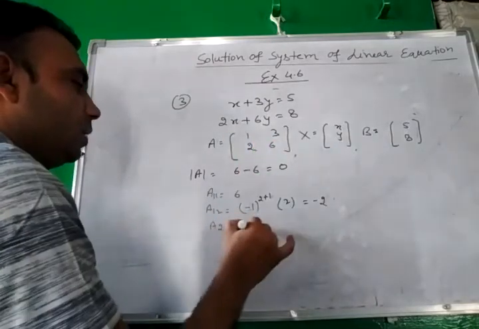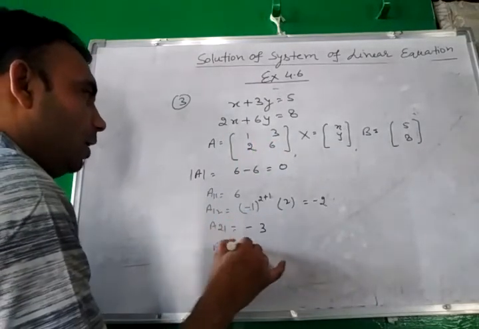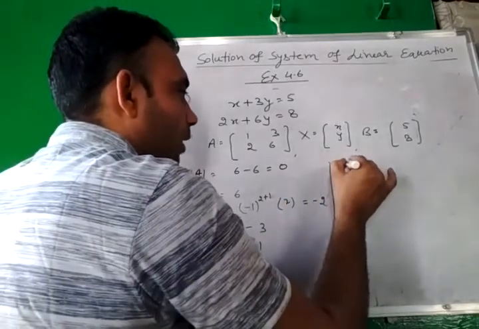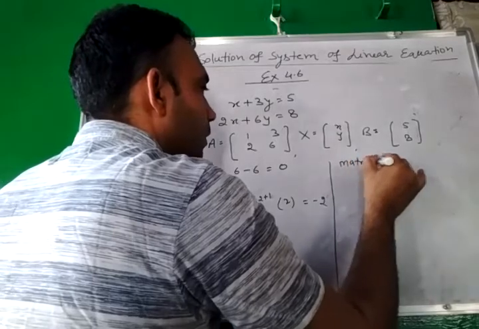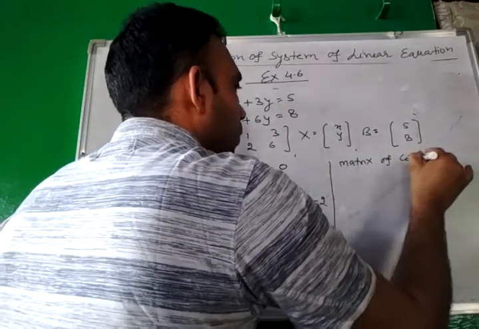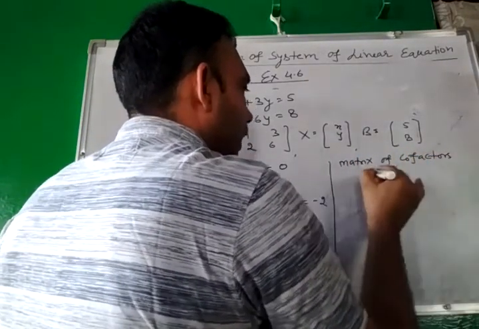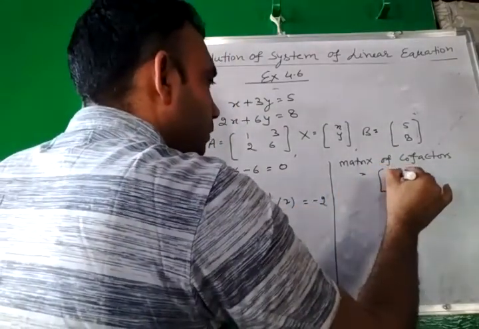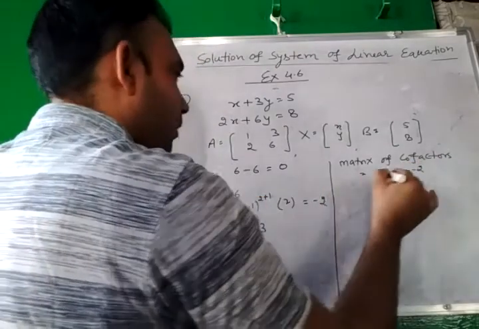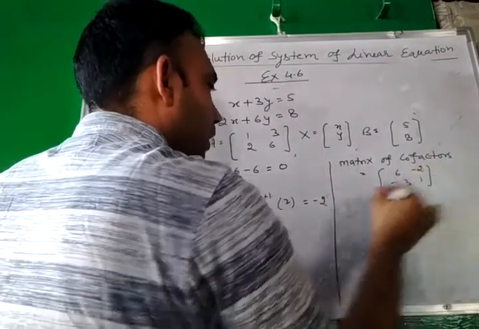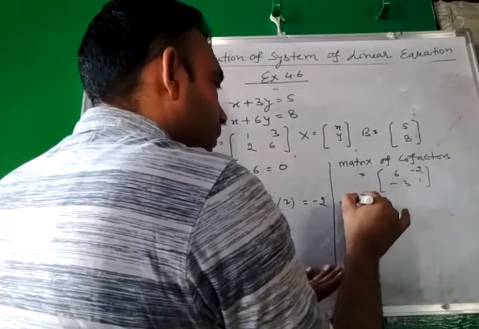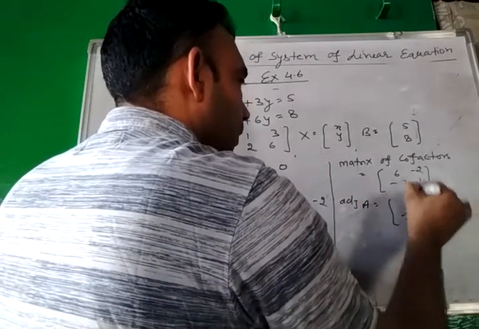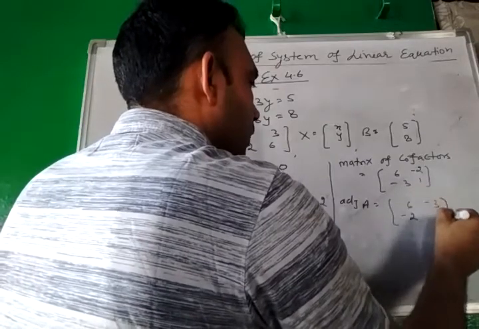A21, leaving this row and column, is minus 3, and A22 implies 1. So what is the matrix of cofactors? The matrix of cofactors is equal to 6, minus 2, minus 3, 1, and adjoint of A is equal to 6, minus 3, minus 2, 1.